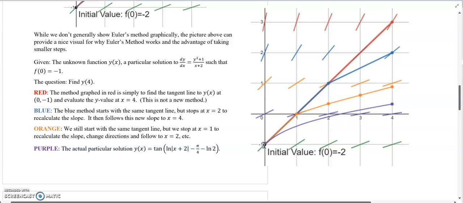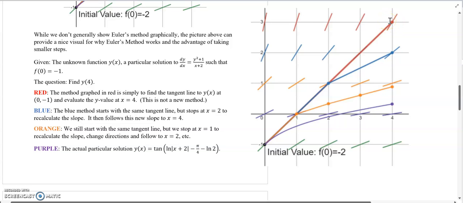At the point (0, 1), our slope is 1. That's easy to evaluate using our differential equation here. And we're just going to follow that slope, that rise over run of 1 over 1, and we're going to keep on following that slope until we get to an x value of 4, and we end up here.